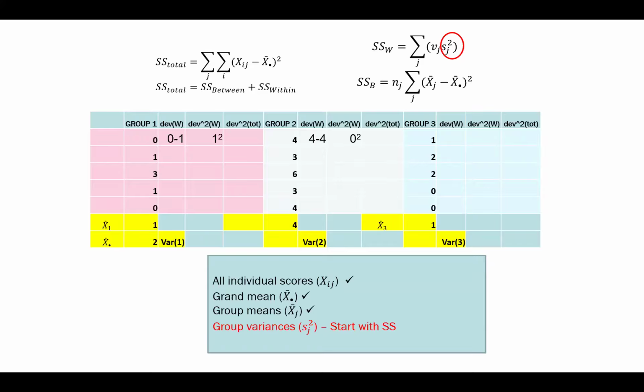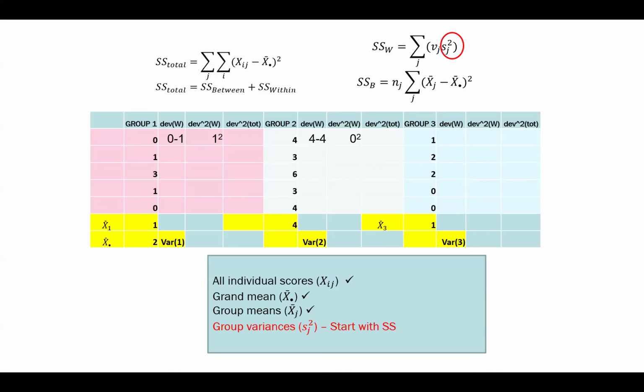These are the sums of squares within, which means that you're only looking within groups. I've filled in a couple of the squared deviation terms that you're going to use to get the sums of squares for each group.